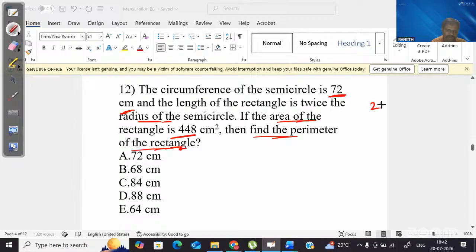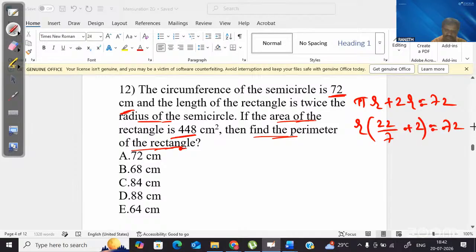It will be equal to pi r plus 2r will be equal to 72, where if I take r is common, 22 by 7 plus 2 is equal to 72.